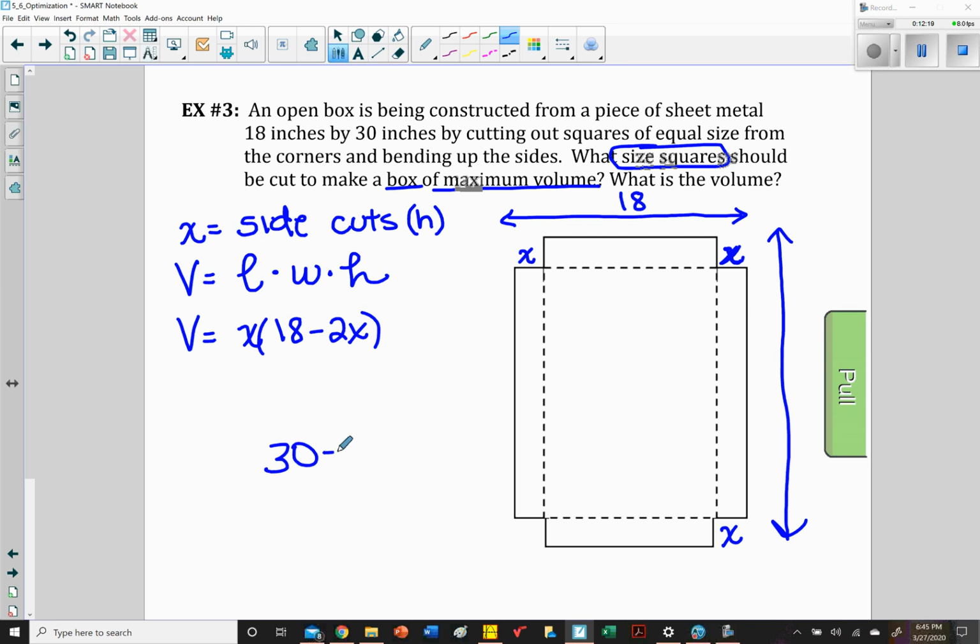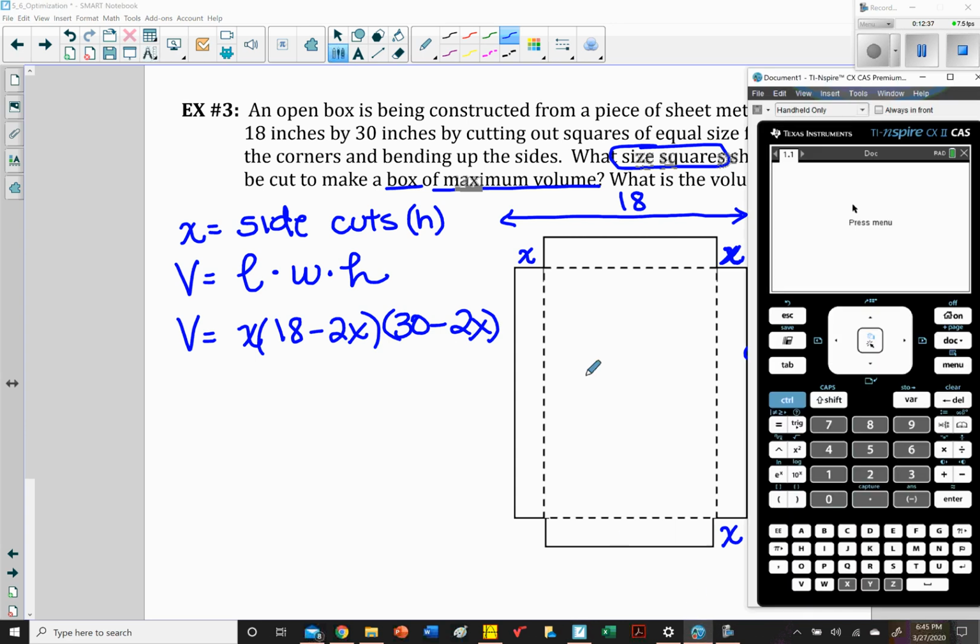30 minus 2X. So we're going to put that there, turn it sideways for the length. So 30 minus 2X. And if we go over to our calculator, we can have the calculator expand that for us.